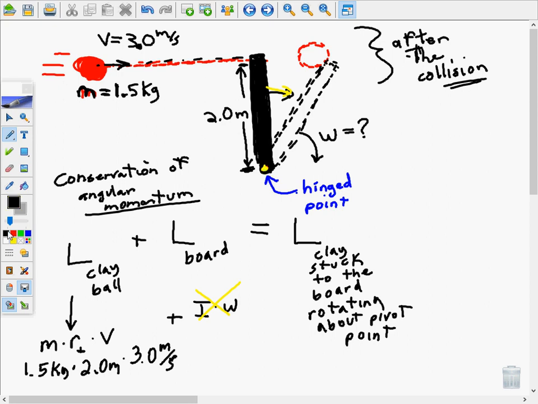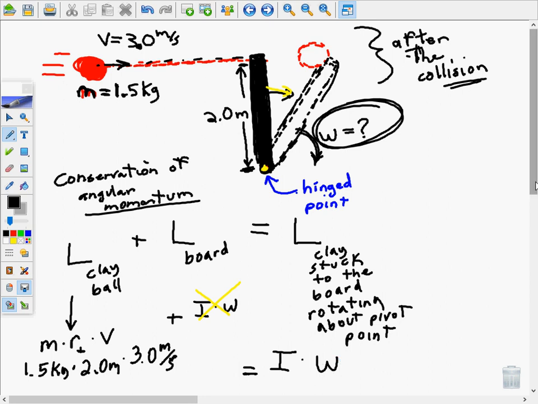Now that's going to be equal to the angular momentum of the clay stuck to the board as it now swings over this way. Woo! And our mission is to calculate how fast it swings open after the clay hits the door. Now this is going to be equal to I times omega of the clay board combination.